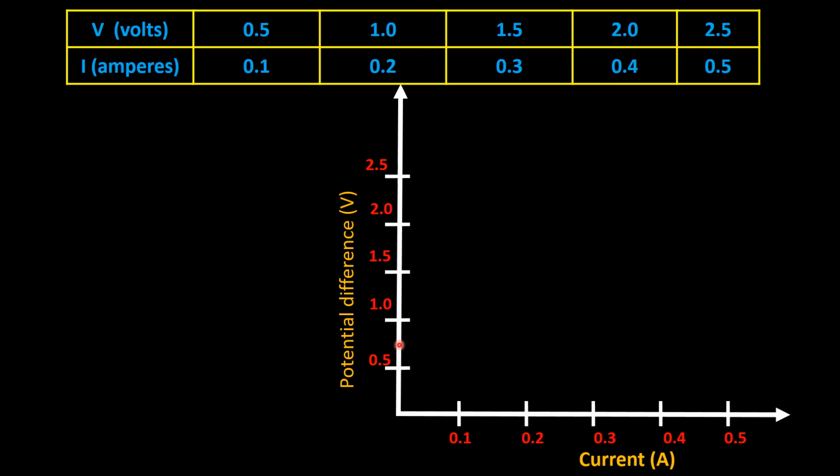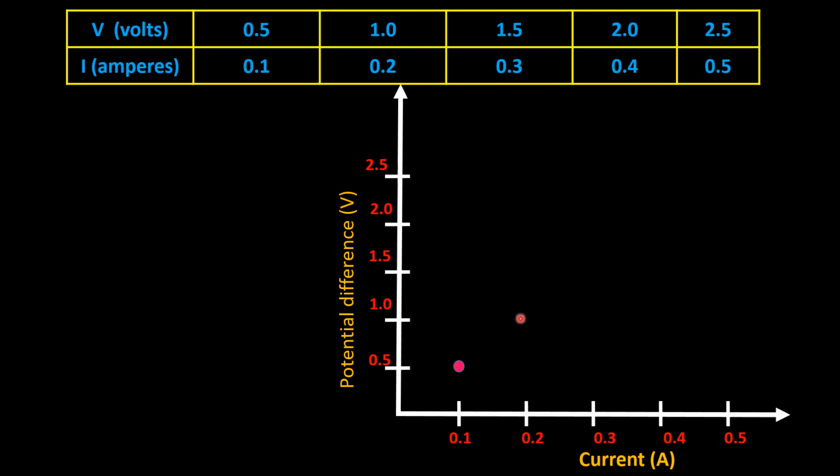And then the first point is when the current value is 0.1 and potential difference is 0.5. So 0.1 is here for current and 0.5 for potential is here. So we will get a point here, one point, and the second point we get for the current 0.2 and the voltage 1.0.